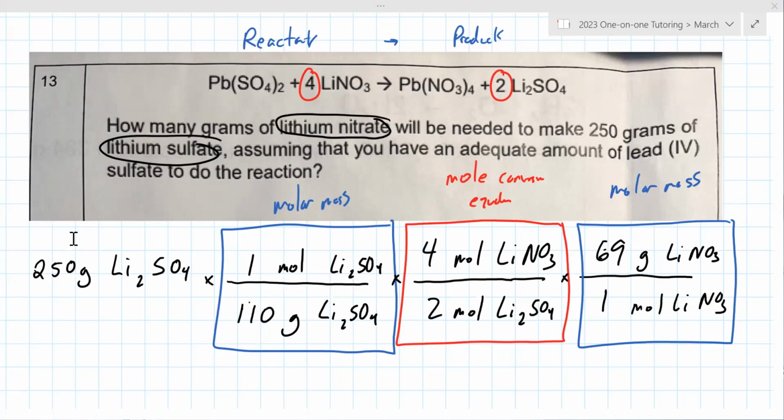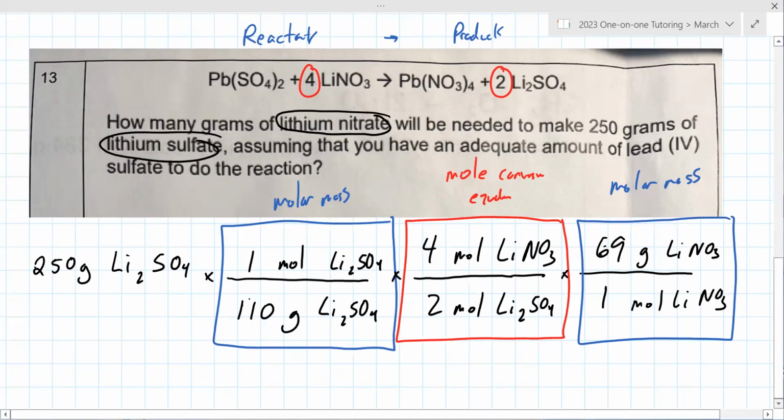Did you get this 250 here? Oh no, I totally missed that. 250. Should be about 314 grams of LiNO3.